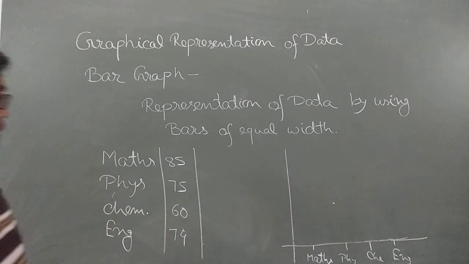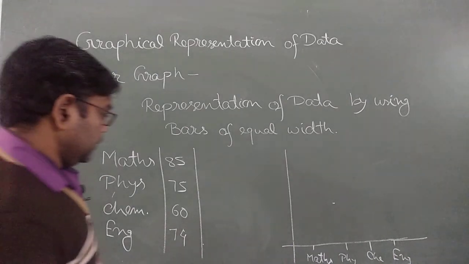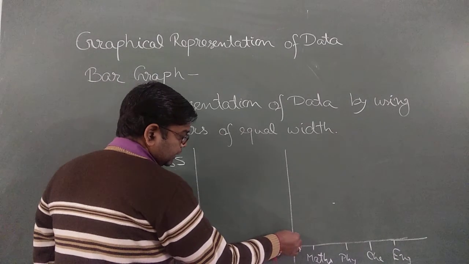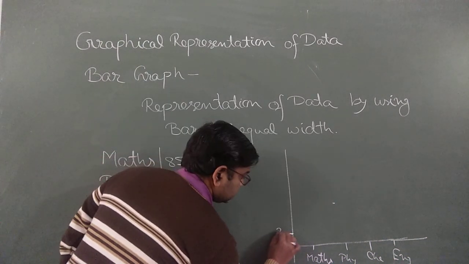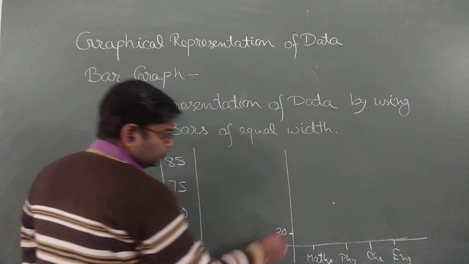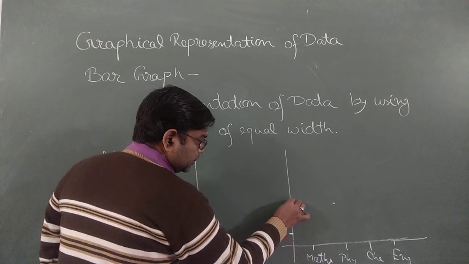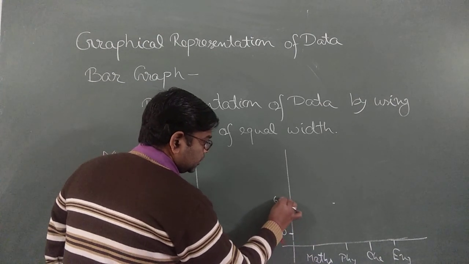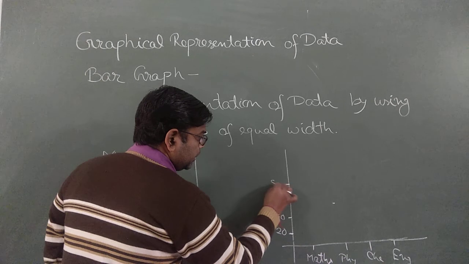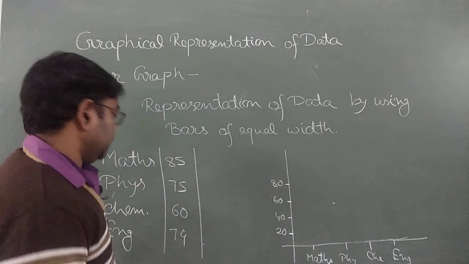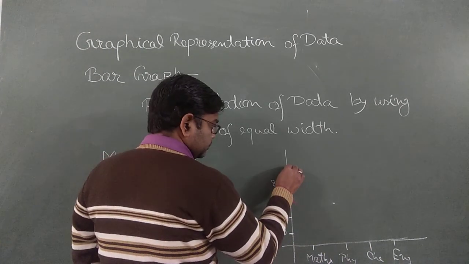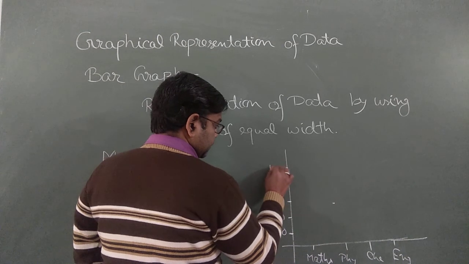So we consider some unit, for example 20. We mark a line and this represents 20 marks. Then 20, the next equal part is 40, the next equal part is 60, the next is 80, likewise the next equal part is 100.